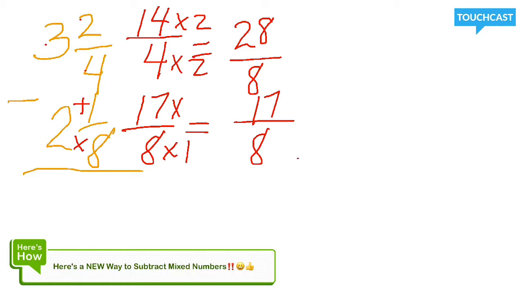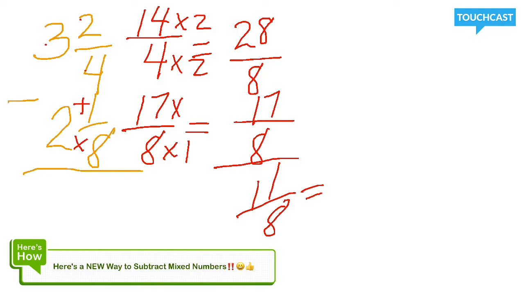Now you can go ahead and subtract. And 28 minus 17 equals 11. And the 8 stays the same. Now you'll notice that your answer is improper, so you're going to convert that back into a mixed number.